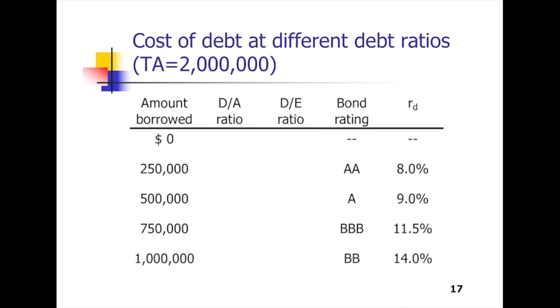And now we want to calculate the debt to asset ratio and debt to equity ratio. As I mentioned before, there is the balance sheet, total asset, this is debt, equity, right? So in this case, 0, and debt to asset. So you input this number.